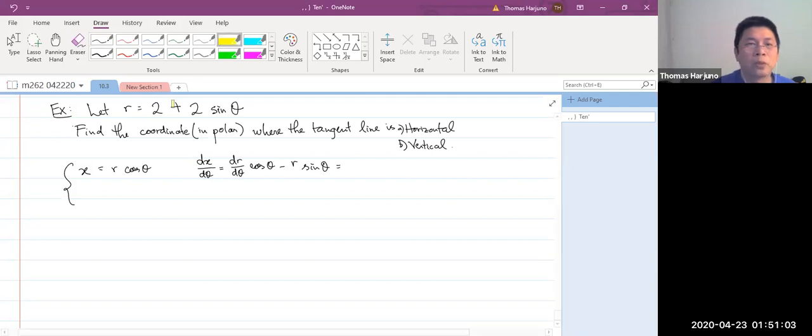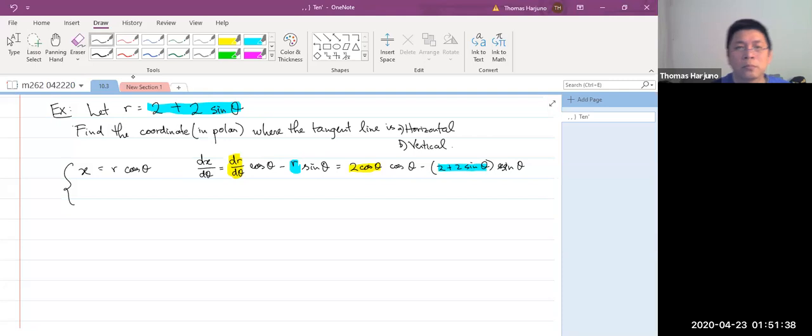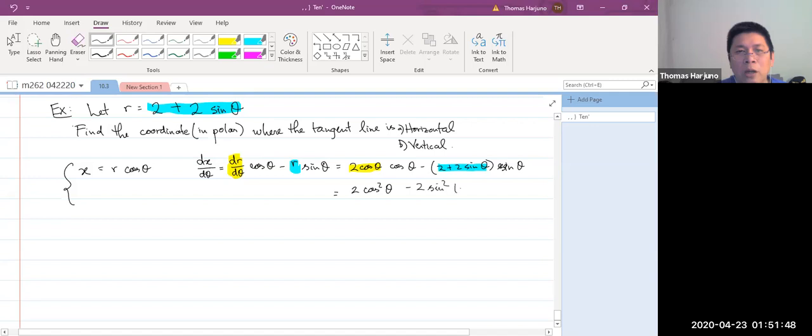So if I plug in this derivative of r with respect to θ, I will get 2 cosθ, which will give me 2 cos²θ minus 2 sin²θ minus 2. Set this equal to 0.